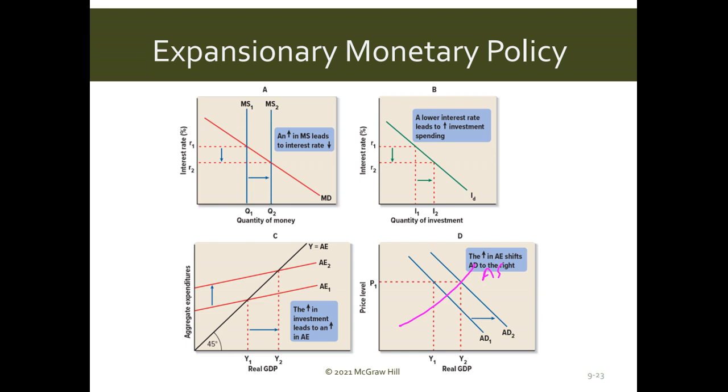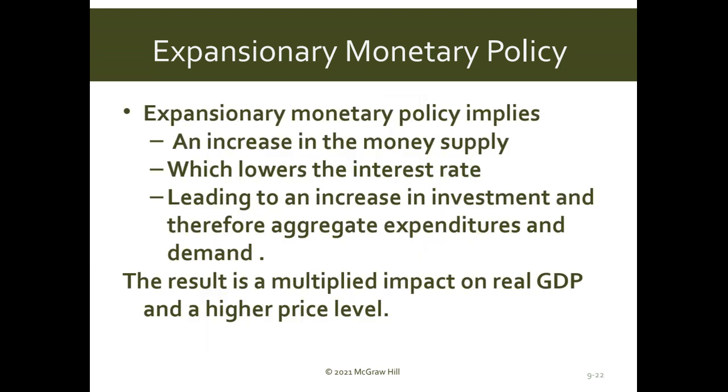Now this is the price. So we have some inflation in the country as well. That is the main problem, that if you try to tackle the problem of unemployment, you will see inflation in the country, okay? Which is, I believe, given here. The result is a multiplier impact on real GDP and a higher price level. So this is a problem.